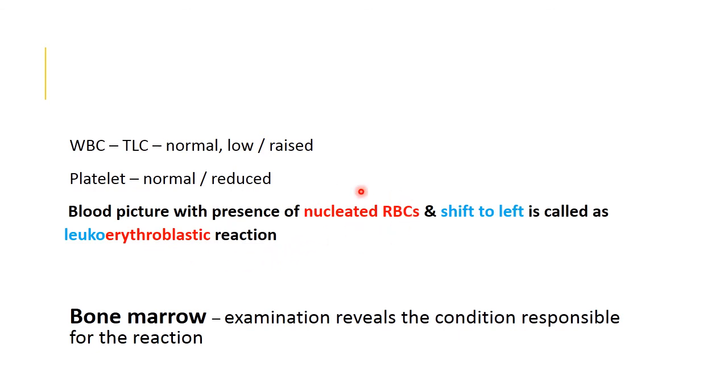Nucleated RBCs, normoblasts, as well as neutrophils with fewer than 3 lobes or any other immature forms of neutrophils, if present, this state is known as leukoerythroblastic reaction. Bone marrow examination also can be done, which will reveal the condition responsible for the reaction. Thank you.